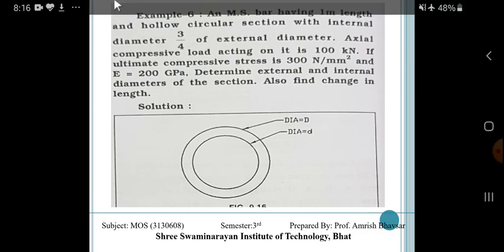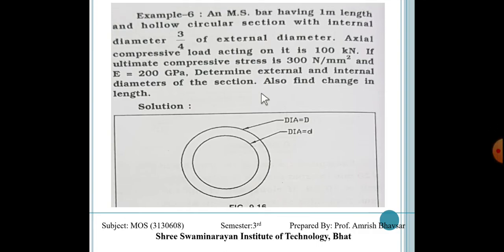This is our most important thing. An MS bar having 1 meter length and a hollow circular section with internal diameter 3/4 of external diameter. The axial compressive load acting on it is 100 kilonewton.